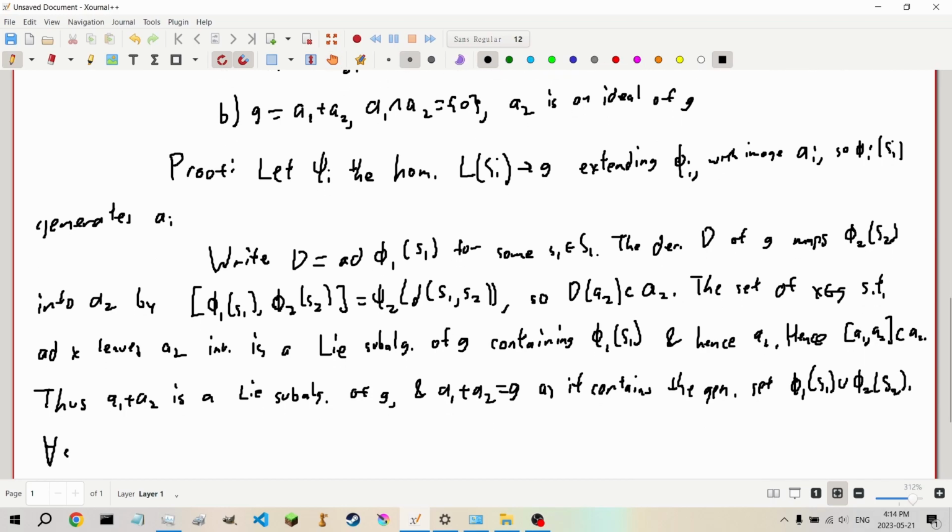For all s1 in S1, there exists a derivation d_s1 of L(S2) such that d_s1 of s2 is just d of s1 and s2.